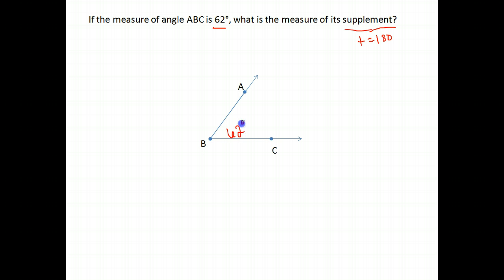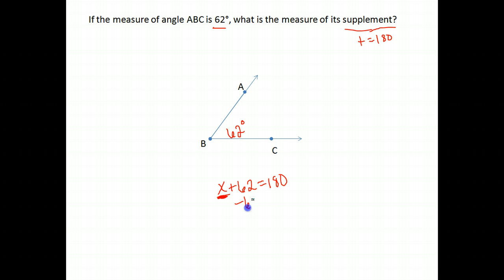So this angle ABC is 62 degrees. We're wondering what the other angle would have to be that we add to it to get 180. Now there's two ways to think about this. You can use the algebra kind of thinking, which comes in handy as we add more to the problems. Our supplement, whatever it is, x, when we add it to 62, it's going to have to equal 180.